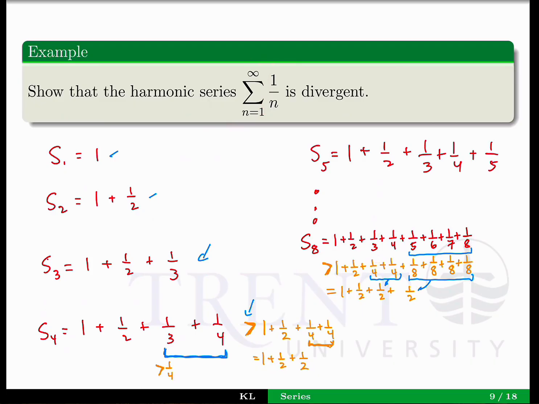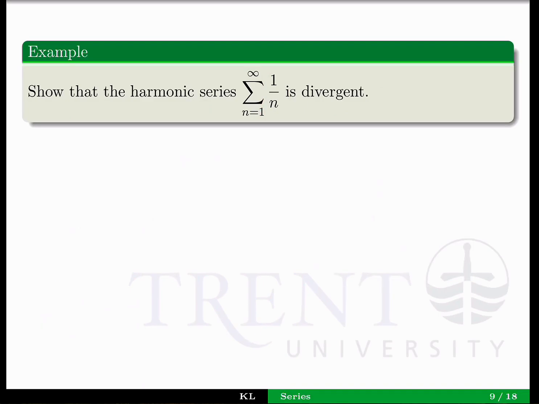Including 1 over 16 at the end, there are 8 of them, and if you add all of those 1 over 16s, that's also equal to 1 half. So let us write that S sub 16 will be greater than 1 plus 1 half plus 1 half plus 1 half plus 1 half.